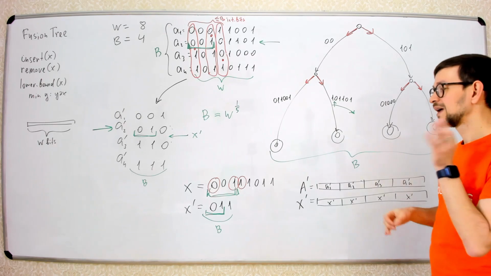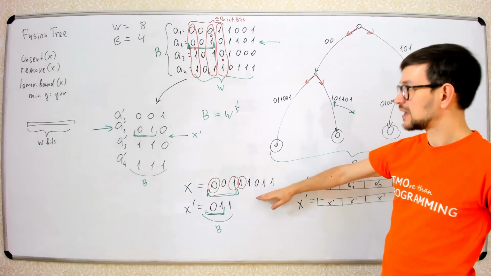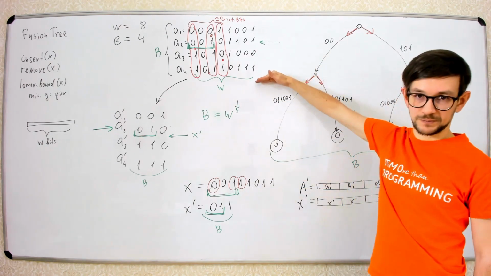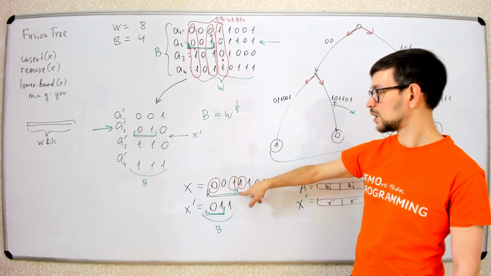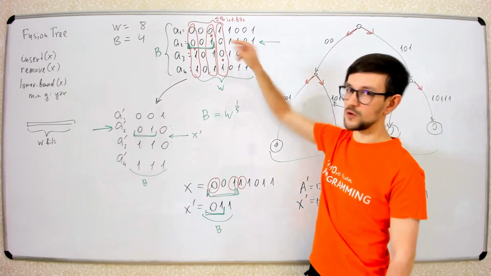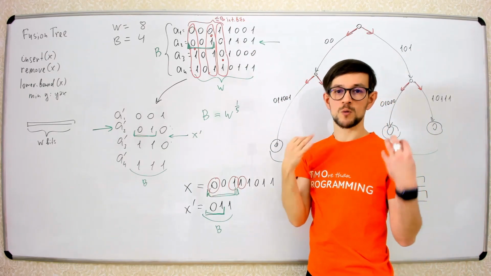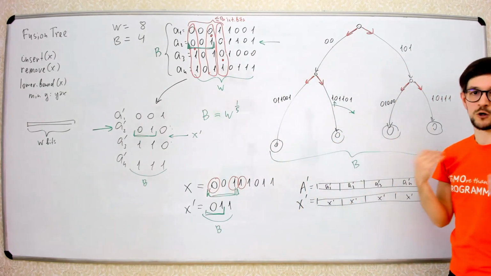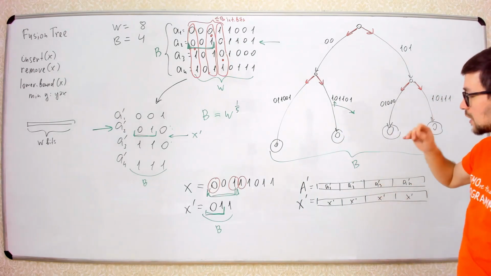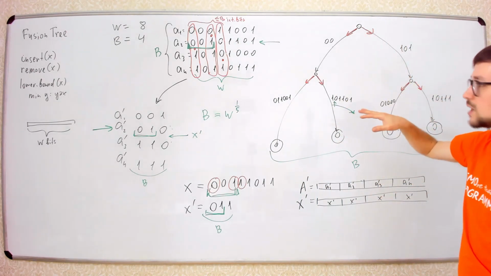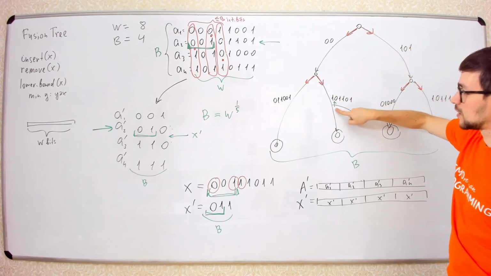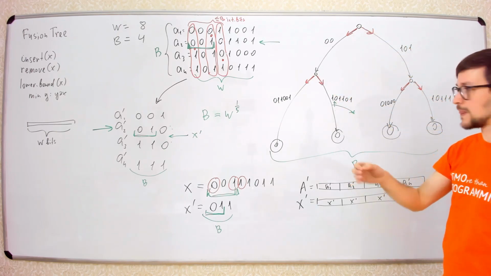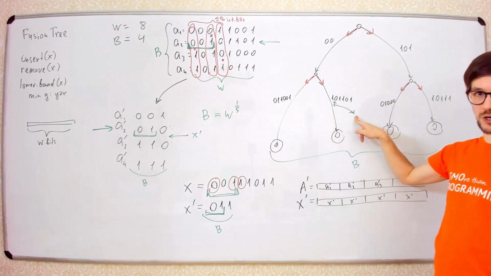Okay, once again. I have number X and a list of integers. I want to calculate the longest prefix of X which is also a prefix of one of these integers. If I know this common prefix, then I can calculate the lower bound. Because again, what happens? I have this trie. I will go from the root to this position when I'm trying to find X, and then go away from this trie.